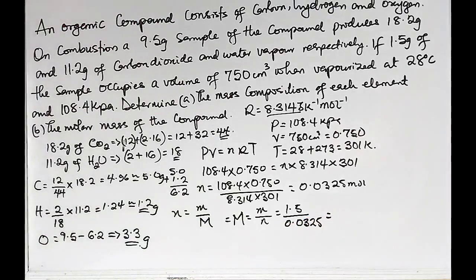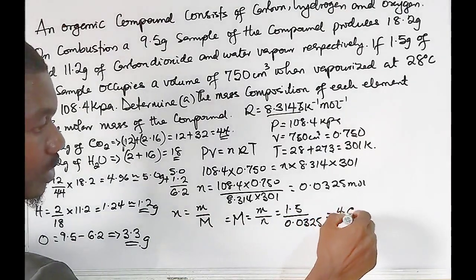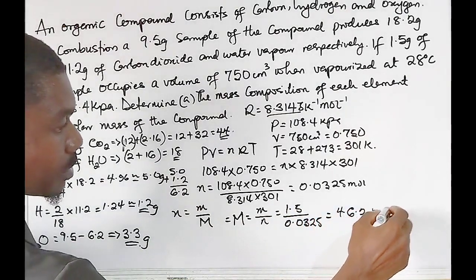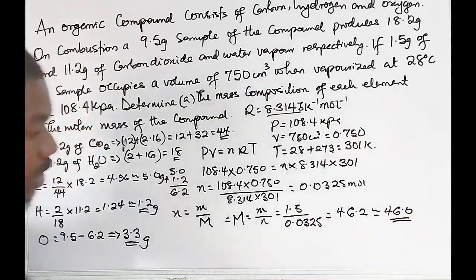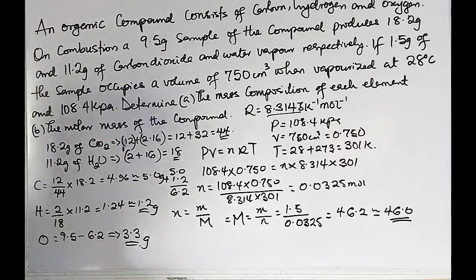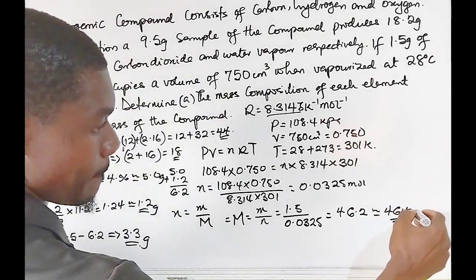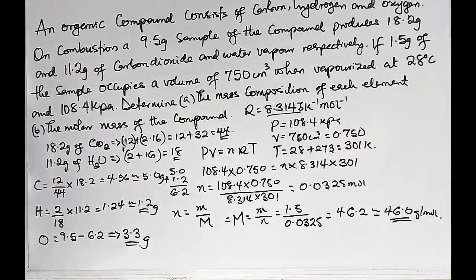Now punching our calculator, we get 46.2, then approximately 46.0. Okay, now that is the molar mass of the said compound. That will be gram per mole. Alright, now this is number 5 question.